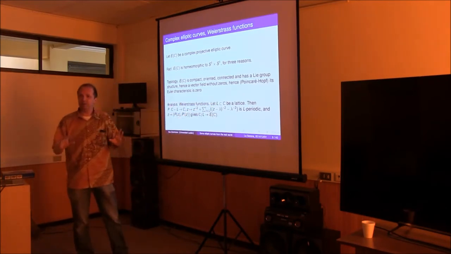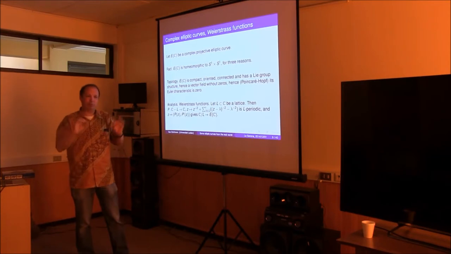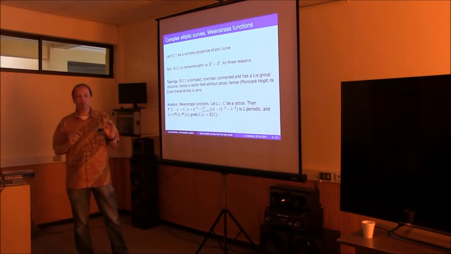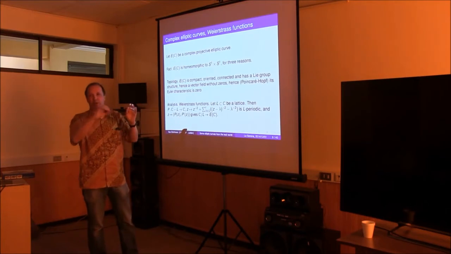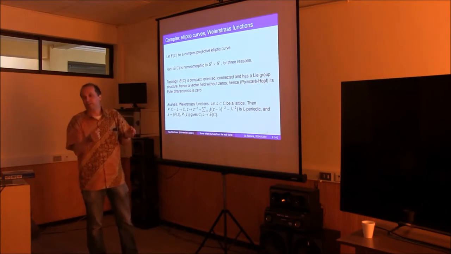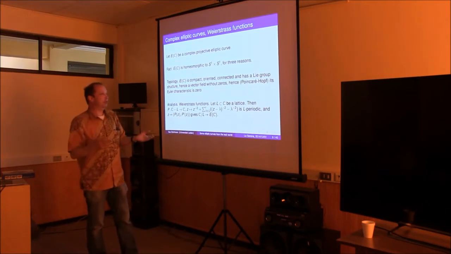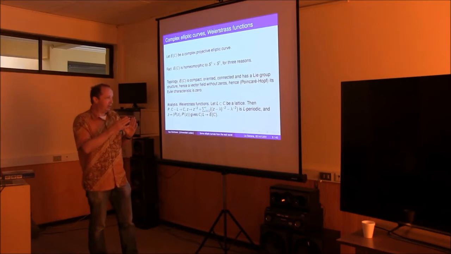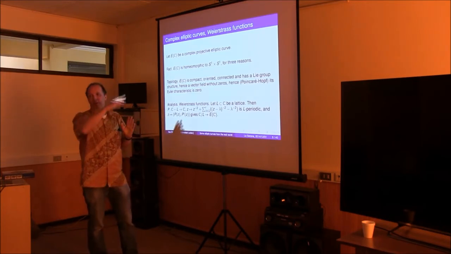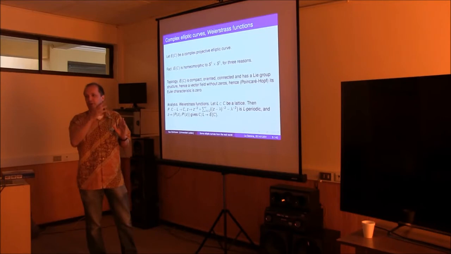And the lattice is a discrete subgroup that is generated by 2 independent elements. So for example, this lattice could be the set of a plus b times i, where a and b are integers. It could be like that. And then you want to look at functions, holomorphic functions or analytic functions that are invariant by translation in these 2 directions.